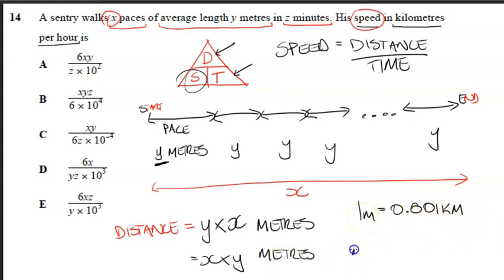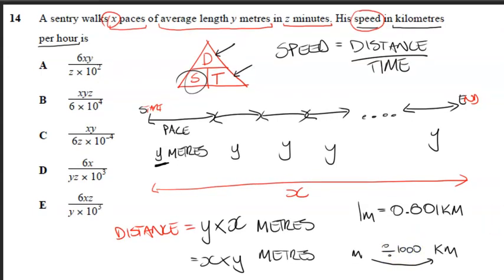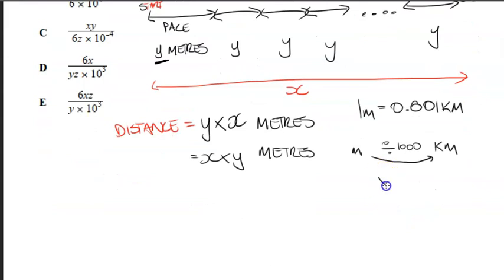So to get from meters to kilometers, we need to divide this by 1000, or we can multiply this by 10 to the power of -3, which is the scientific notation approach.